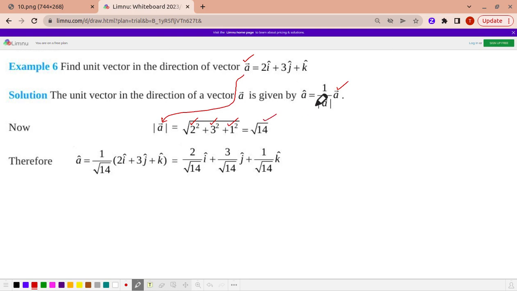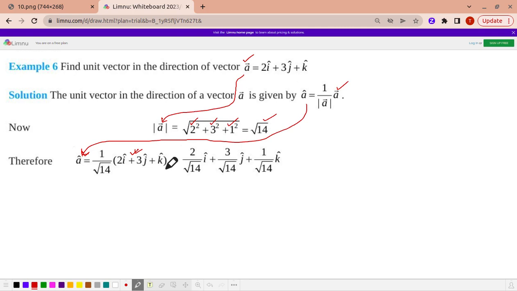Now, as we discussed earlier in the previous section, a cap, the unit vector in the direction of the vector a, is equal to the vector a, which is 2i cap plus 3j cap plus k cap, divided by mod of the vector. That means the magnitude we found a few seconds back, square root of 14.